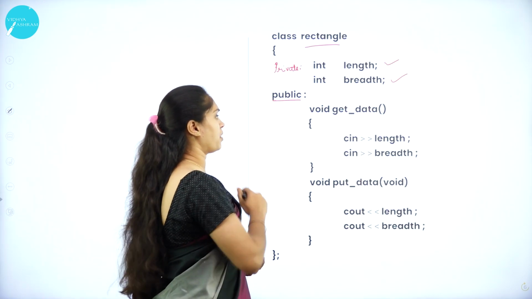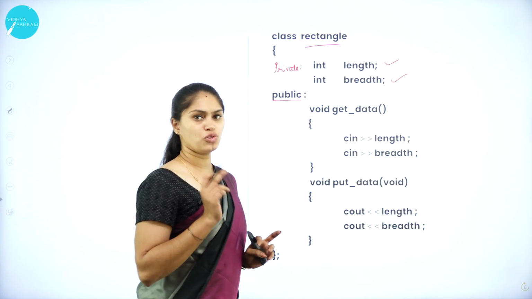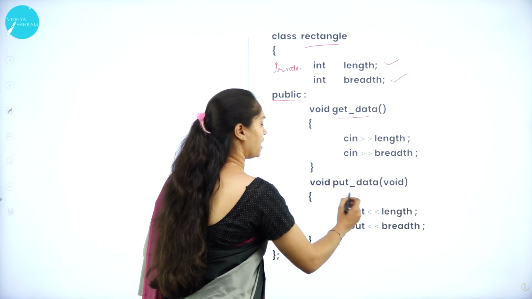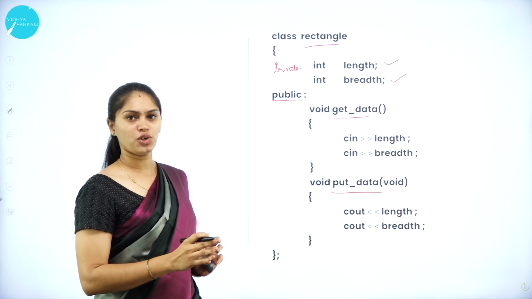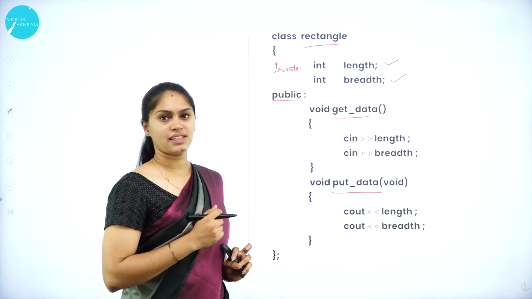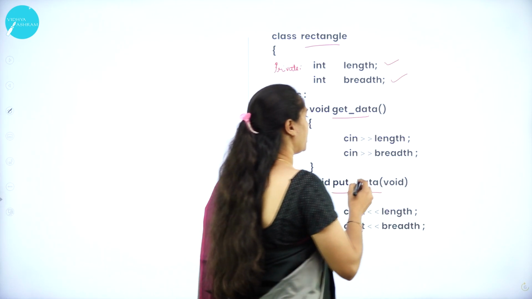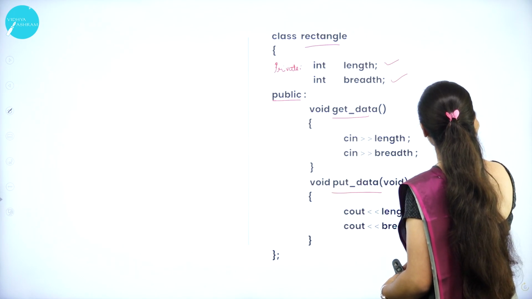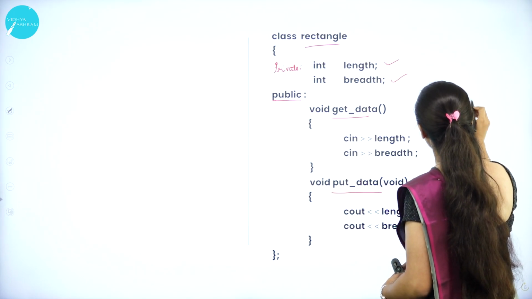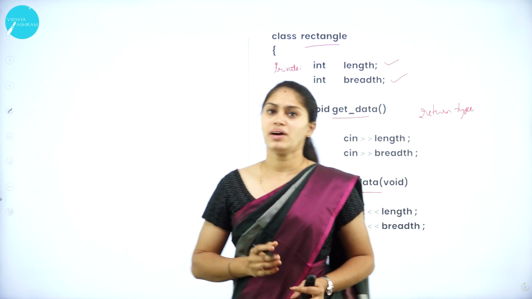So coming to the member functions, here I have two member functions, getData and putData. What is the syntax to define a member function inside the class? Here I need to specify the return type. What do you mean by return type? Return types are nothing but data types.